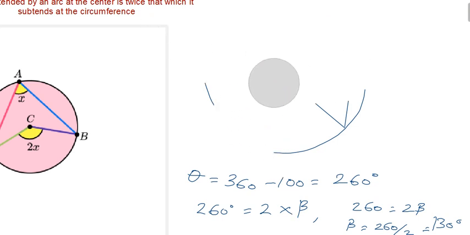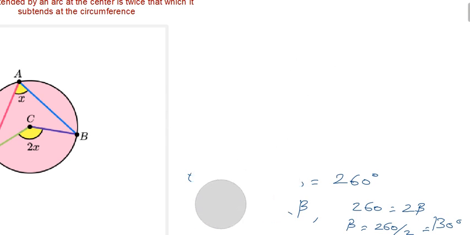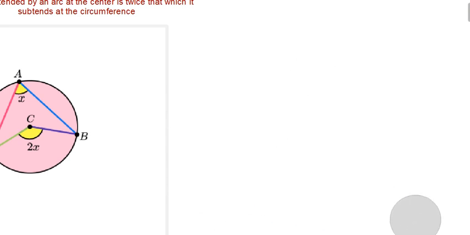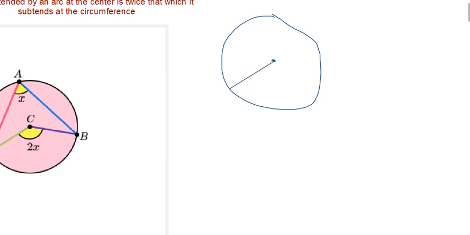Before we round up the tutorial, let me give us another example. Suppose you have a circle like this, and let's say this is the center.